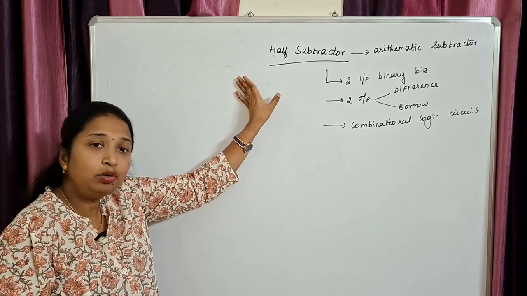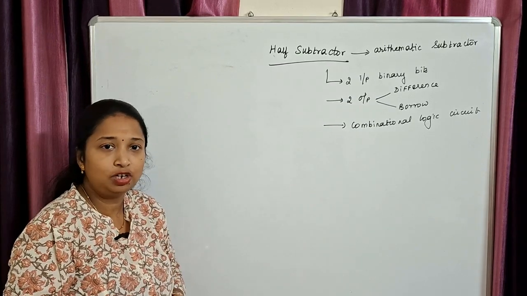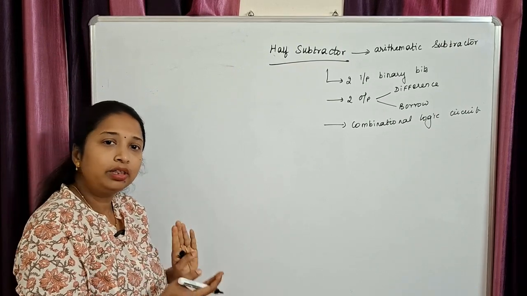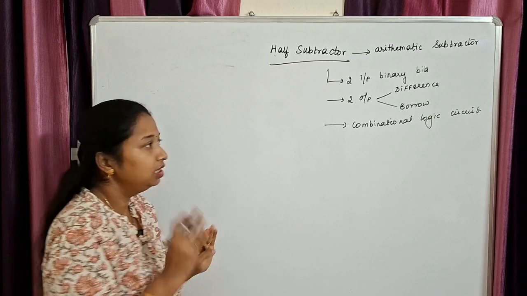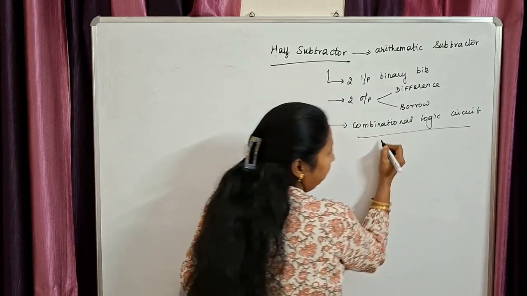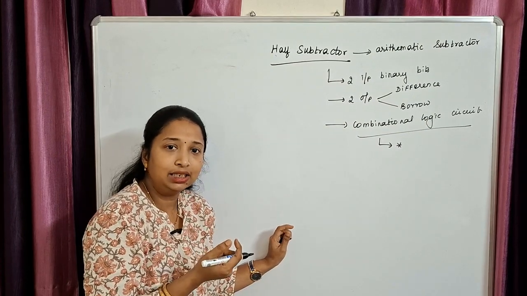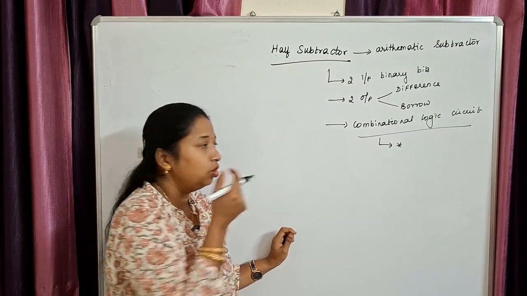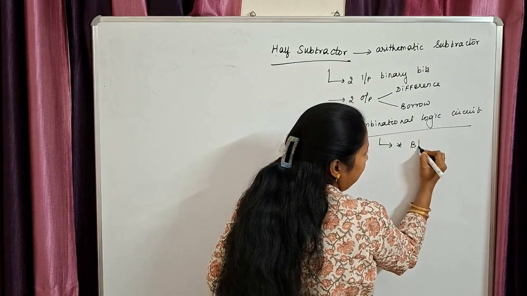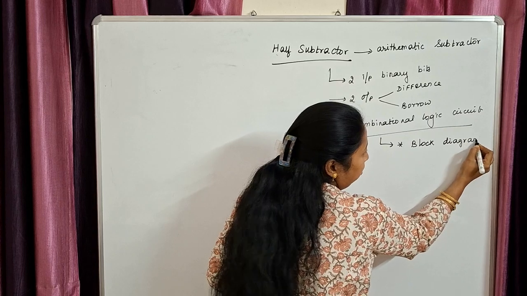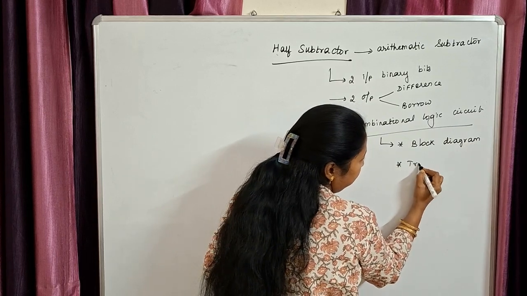Now let's see how to design a half subtractor using combinational logic circuit. Whenever it comes to designing any circuit, what are the four basic steps that you have to consider in designing a combinational logic circuit? Always remember, your first step has to be, you have to draw the block diagram, and from the block diagram you have to draw the truth table.